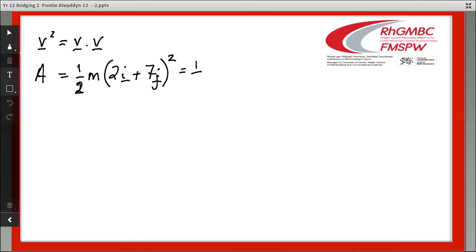So that's going to be a half m, 4 plus 49, because I can do 2 times 2, the i bit times the i bit, to get 4, and I can do 7 times 7 to get 49. I'm not allowed to do 2 times 7, because I end up with i dot j, and that's worth 0. So I'd have 2 times 7 times 0. So it's gone. So that's the principle I'm working on.